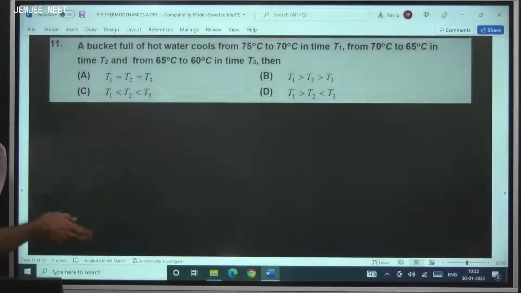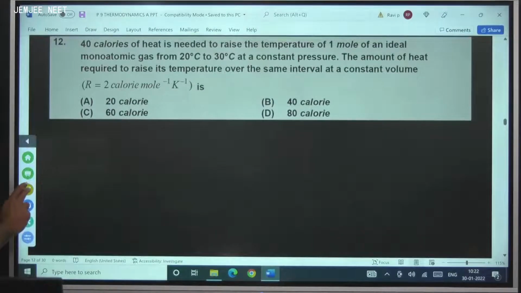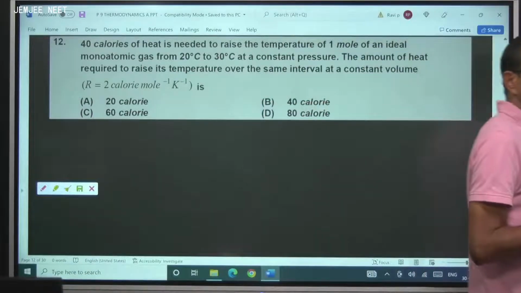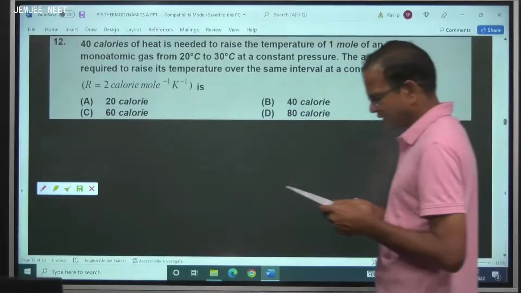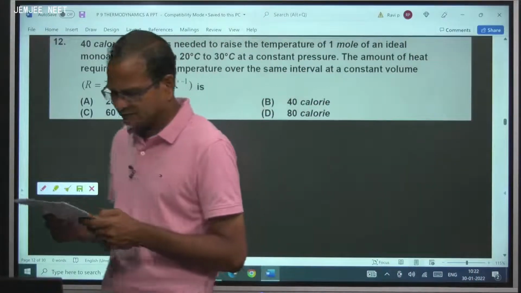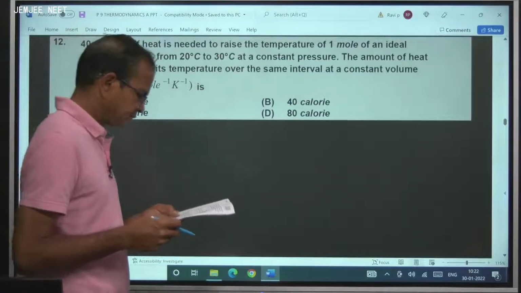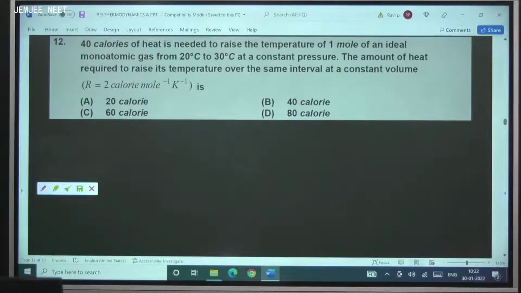Question number 11 over. Now I take you to question number 12. "40 calorie of heat is needed to raise the temperature of 1 mole of ideal monoatomic gas, 40 calorie, okay, at constant pressure.